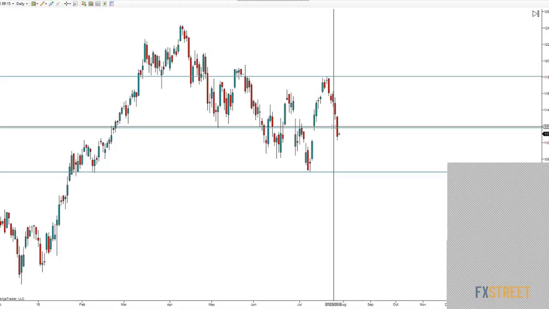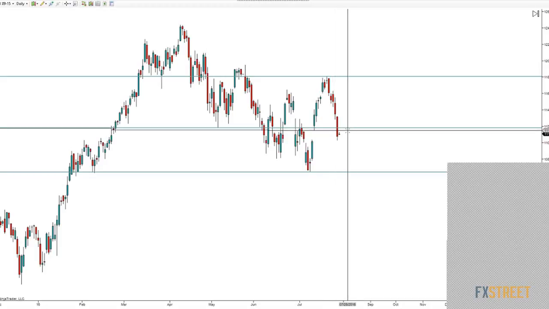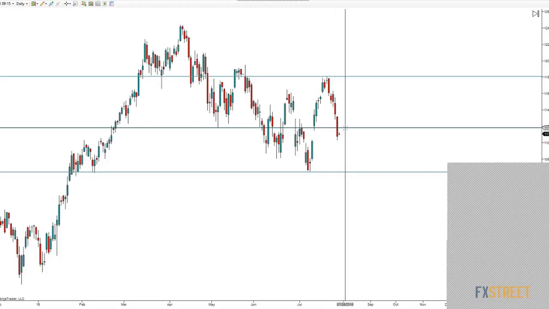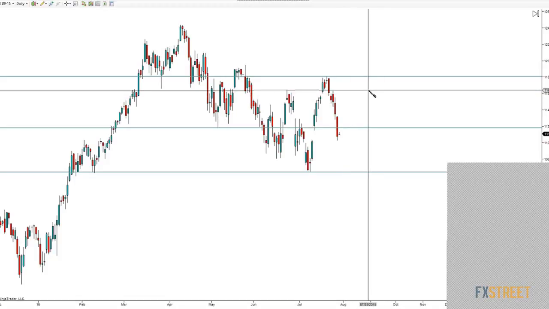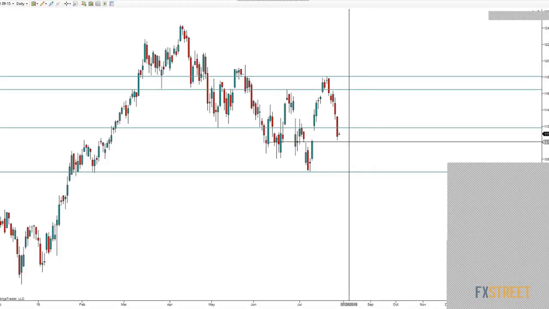Why? Because of this level here. You can't see it because this is a daily candle, and eventually it did break through it. But had I taken that trade at that point in time, I would have been stopped out a number of times and probably would have given back my profits on the day. So identifying these levels is very important.